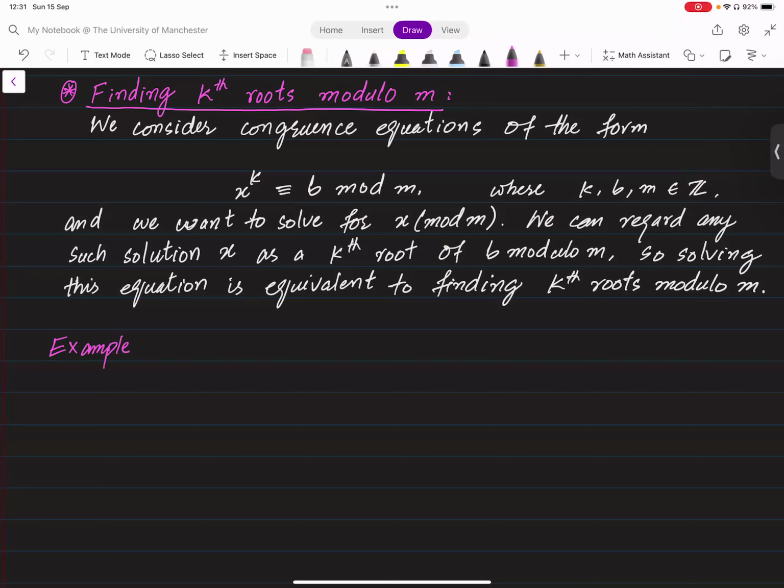Example 14.1. We are saying solve the equation x^11 is congruent to 5 mod 47. Solution. Let x be a solution.